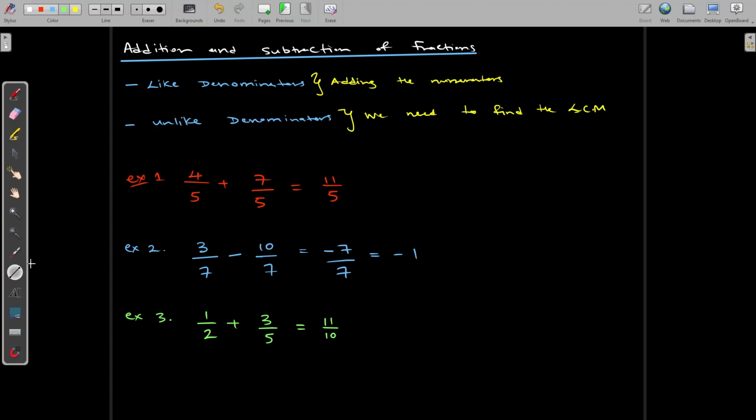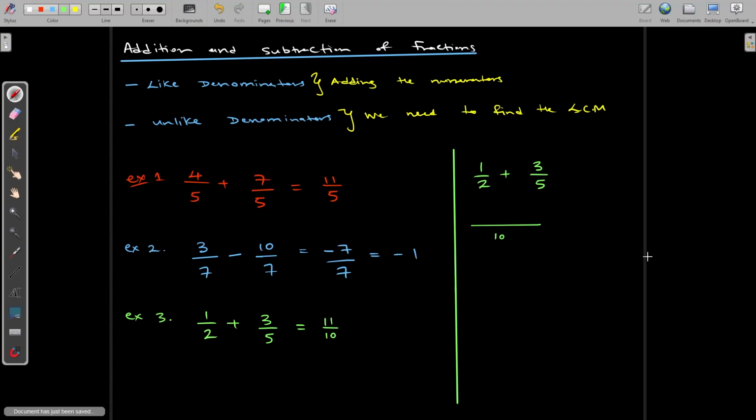Alright, so Tori, would you be so kind to explain to us how you got 11 over 10? So, sir, I found the LCM, which was 10. And then how did you find the LCM as 10? I multiplied the two denominators and got 10.